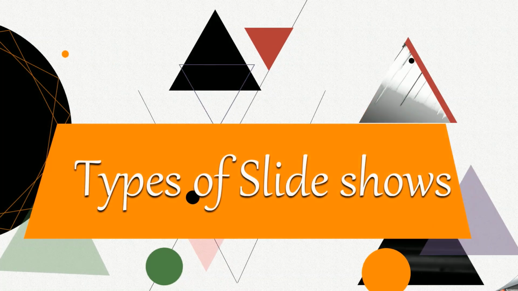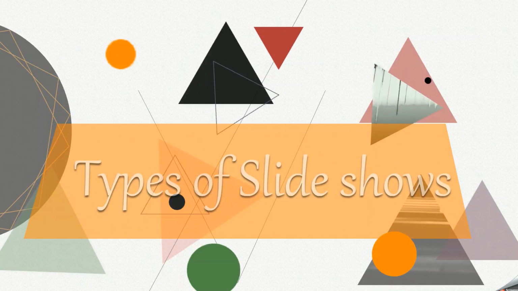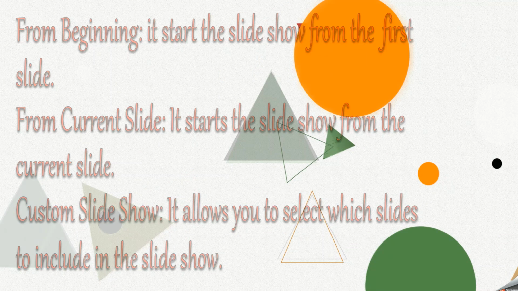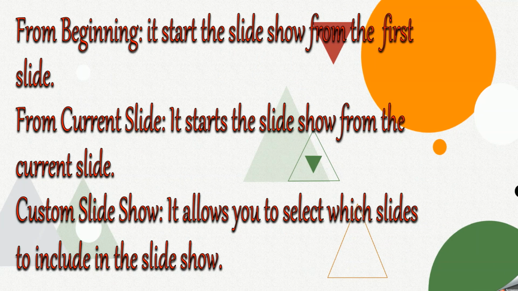I can run the presentation in 3 different ways. From the beginning, it starts the slideshow from the first slide. From the current slide, it starts the slideshow from the selected slide. And custom slideshow allows you to select which slides to include in the slideshow.